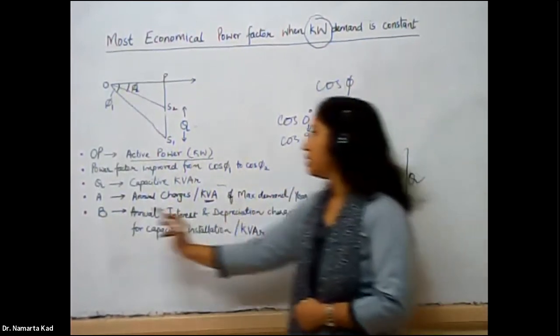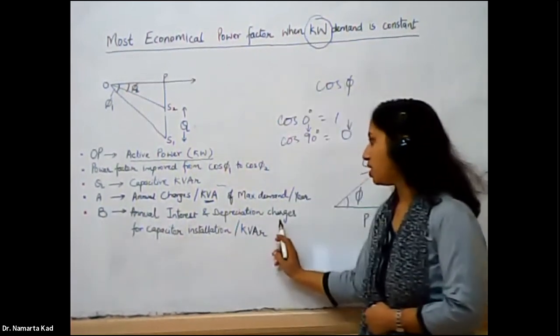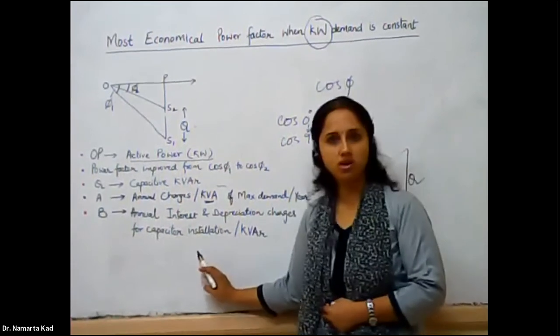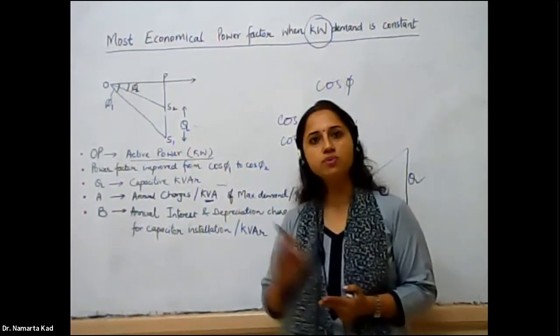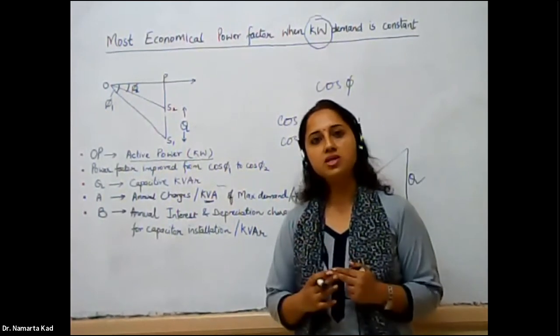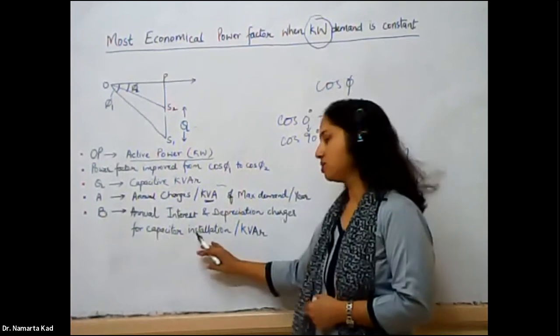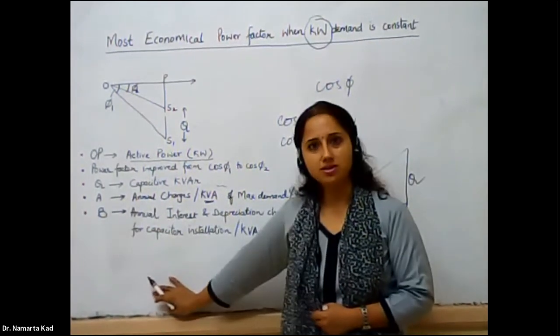B is the annual interest and depreciation charges for capacitor installation, because the capacitor installation is required to improve the power factor. There are some expenses on that capacitor installation also, so B are those expenses.